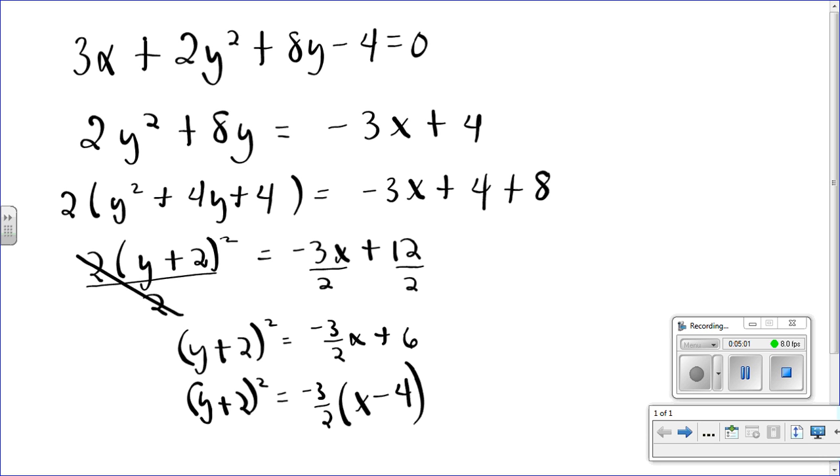Right there. Now I can use that to find the focus, find the vertex, find the directrix, and find all that. Okay? So a little bit of completing the square, and then you can find everything from that point on. Okay? You want to try one? Okay.